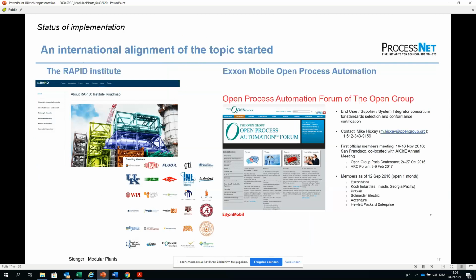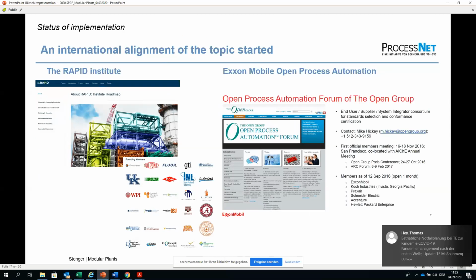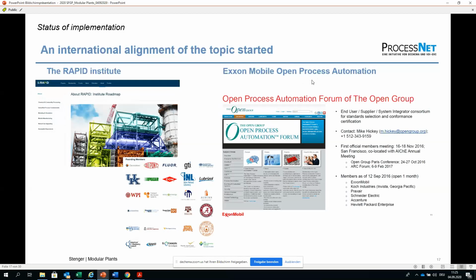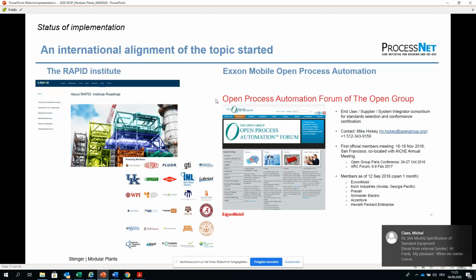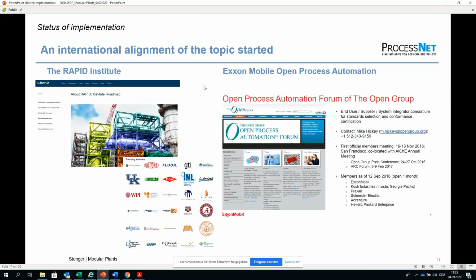If you look into the US, there's, for instance, the rapid approach, which is how they interpret process technology in the future. So it starts in the US as well. And the ExxonMobil Open Process Automation forum is about how to standardize these data interfaces, as I introduced a few slides before. So there's ongoing alignment and validation of that topic as well.